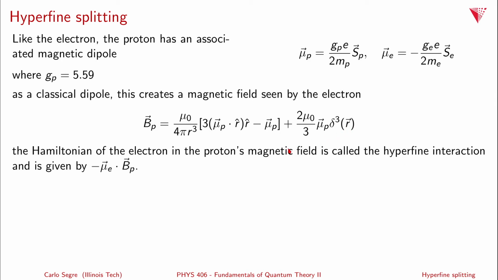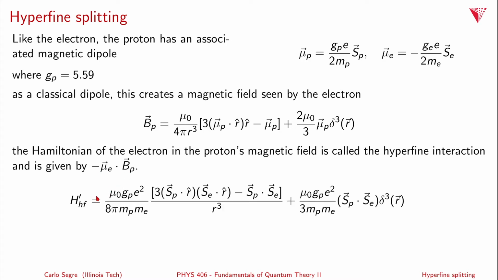So the Hamiltonian of the electron in the proton's magnetic field is what's called the hyperfine interaction, and it's given by minus mu sub e dotted into B sub p. We can just write that down. So H prime for the hyperfine interaction is mu sub 0 g sub p e squared over 8 pi m sub p m sub e times the quantity 3 times S sub p dotted into r hat times S sub e dotted into r hat minus S sub p dotted into S sub e, over r cubed.